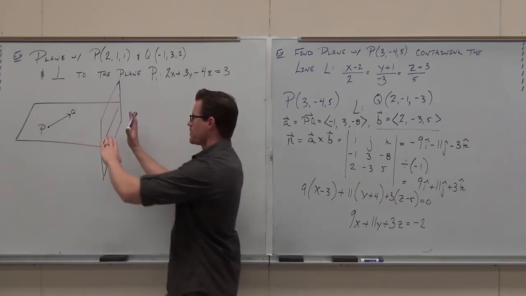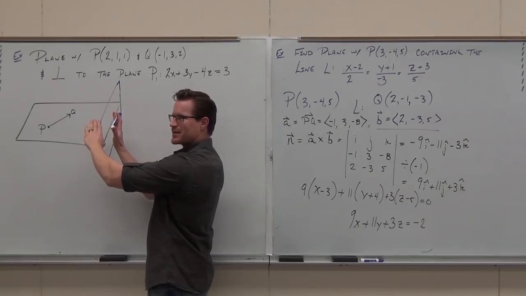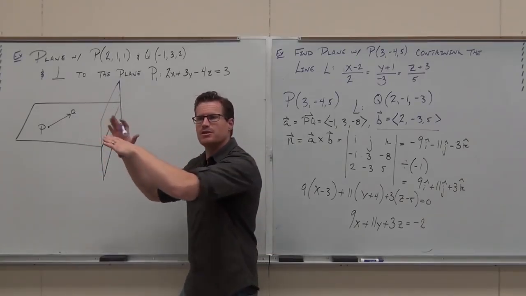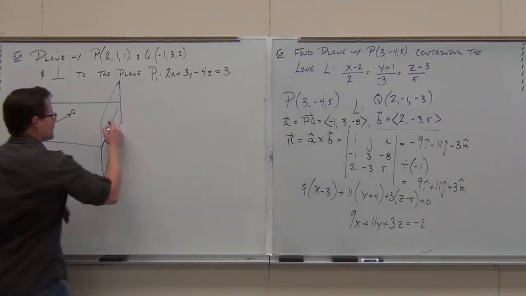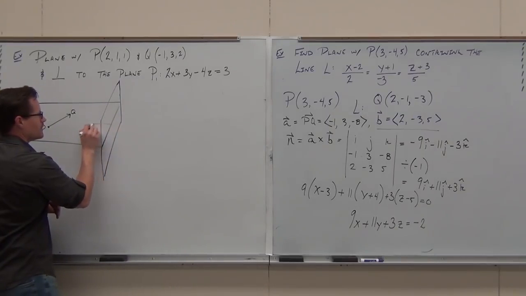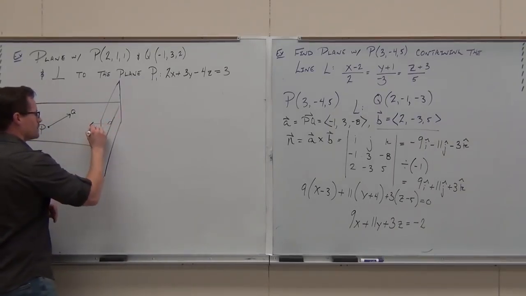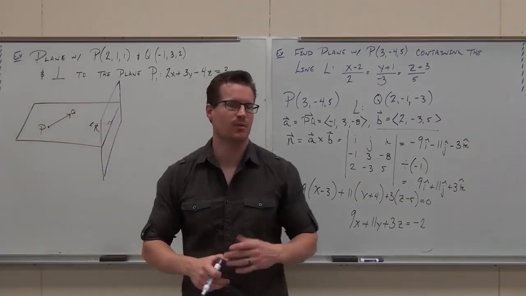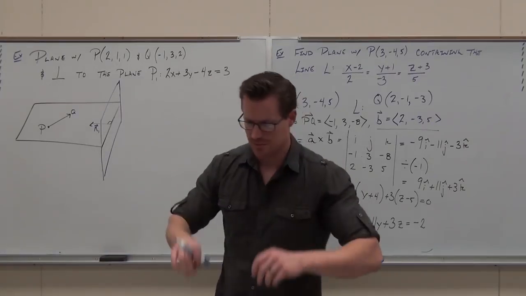So if the purple plane is perpendicular to the black plane, the purple plane's got a normal. If it's perpendicular, then the normal to my purple plane has got to be in the black plane. The normal has to be contained in that. Well, it has to be at least parallel to that plane. It's got to be able to be put in that plane.